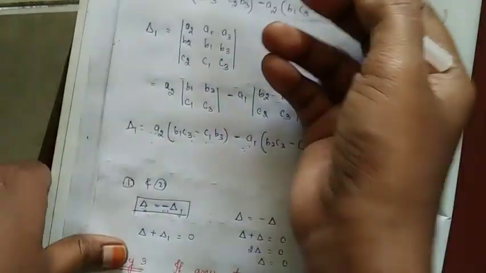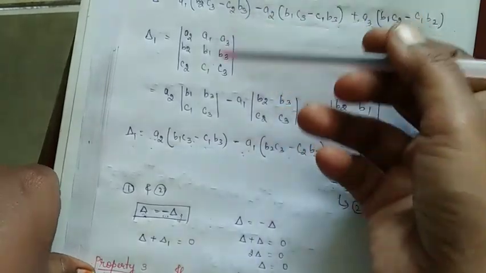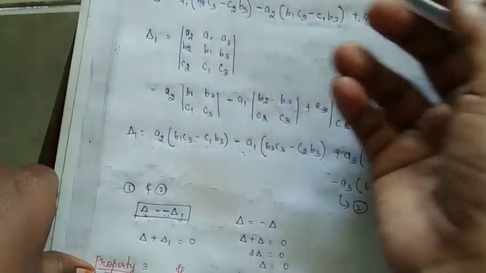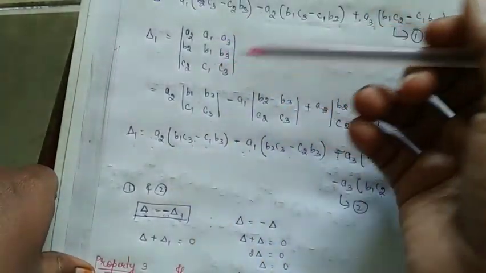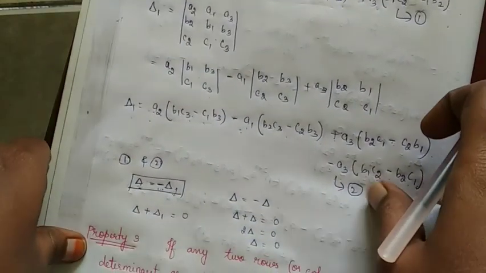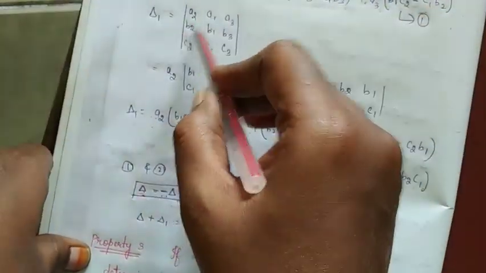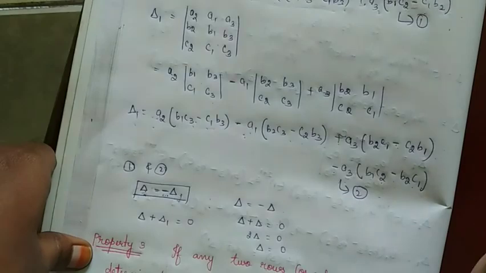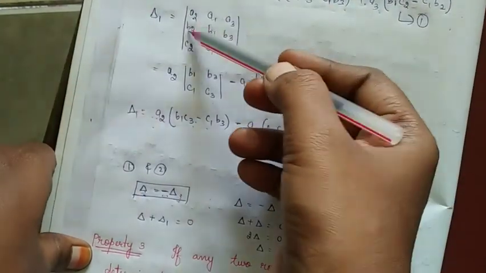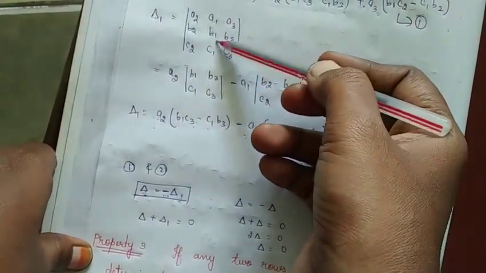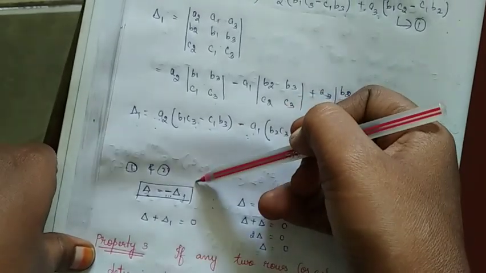See here, this determinant and this determinant are moreover identical. So when these determinants are identical, just here interchanging of rows and columns alone takes place. Interchanging only these two things will give the minus sign.